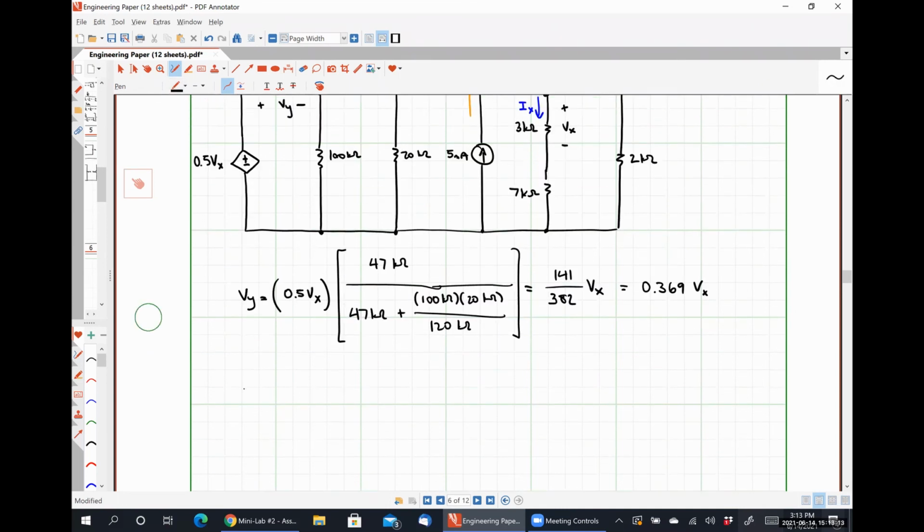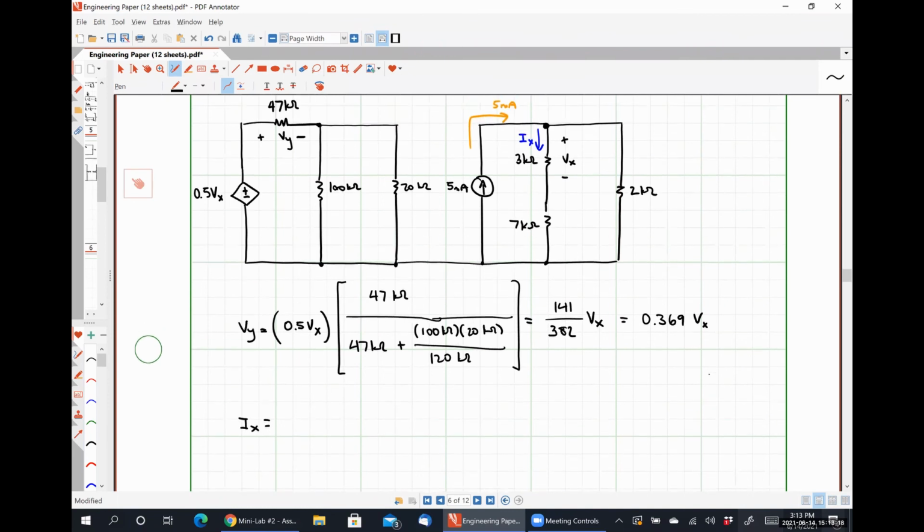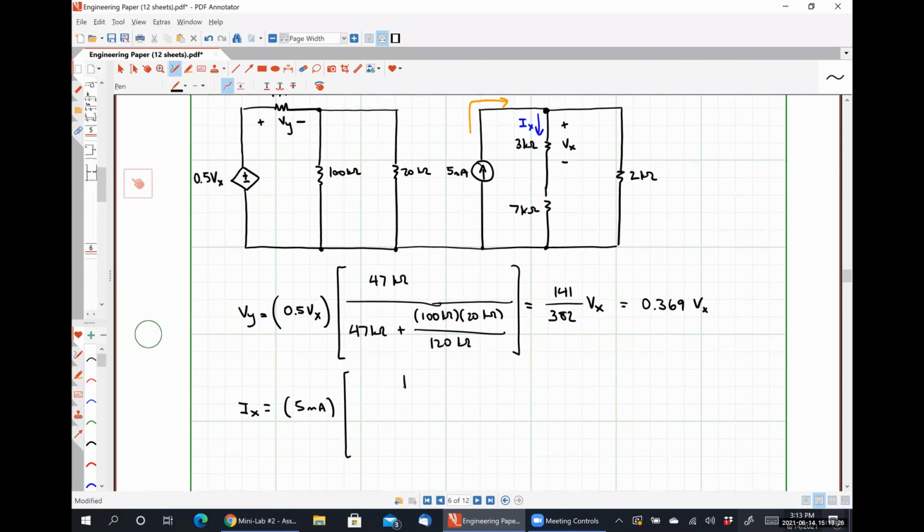So using current division, Ix is going to be my known current, 5 milliamps, multiplied by 1 over the resistance that I'm interested in, and this is where things get tricky per se. So I want the resistance of this branch because that current Ix flows through this middle branch.